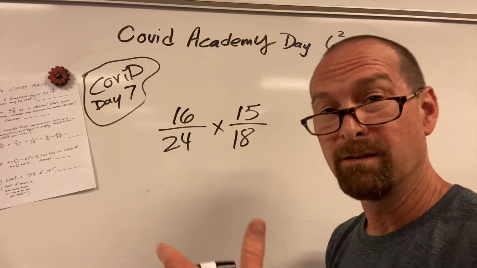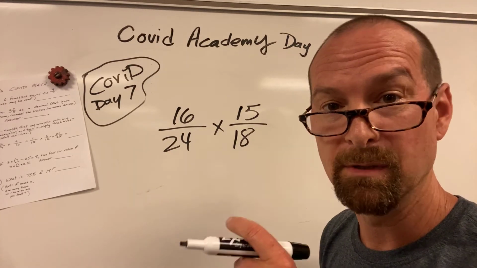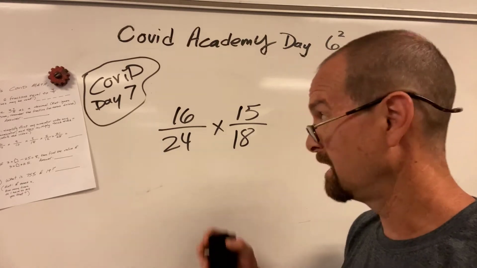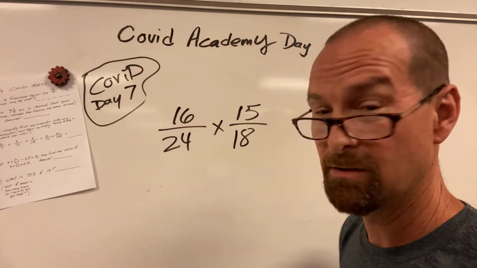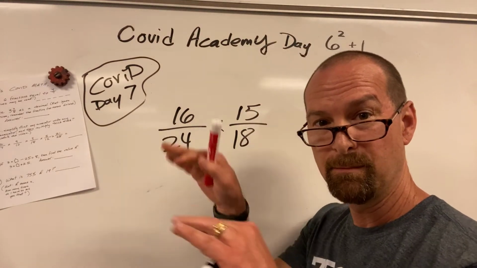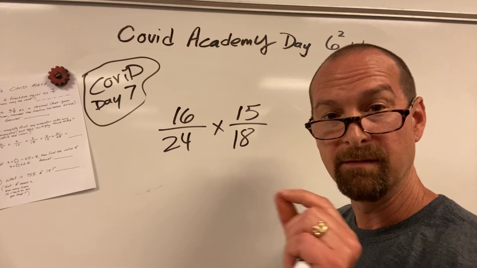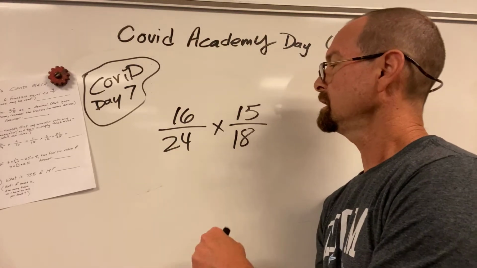Why? Because when you're done, you're supposed to simplify it, and your answer should be in the simplest form at the end. If you do all that, you're going to have to keep reducing and reducing. It's a train wreck. So here's what you can do.